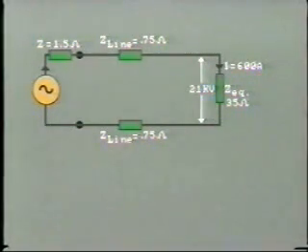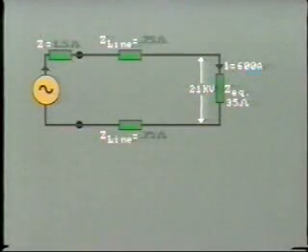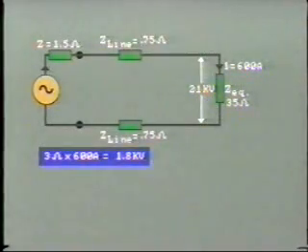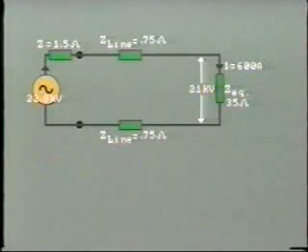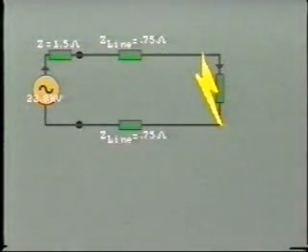Let's work out the voltage drop between the load and the source. This is simple. Total impedance comes to 3 ohms. Multiplying this by 600 amps gives us a voltage drop of 1800 volts, that is 1.8 kV. So the internal voltage at the generator is 22.8 kV. Now let's see what happens if we have a direct short circuit at the far end of the line, right across the load.